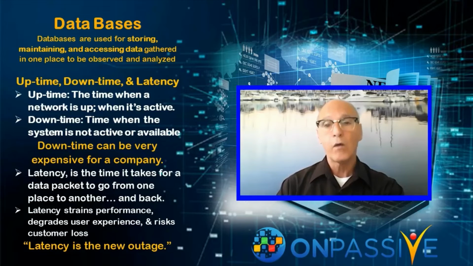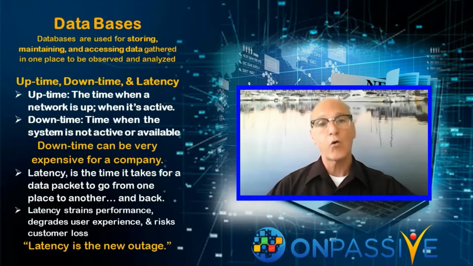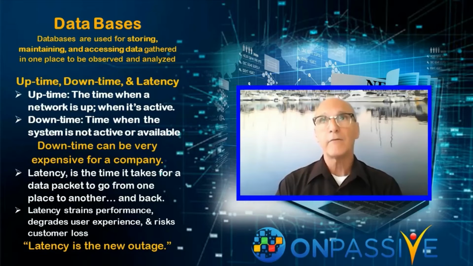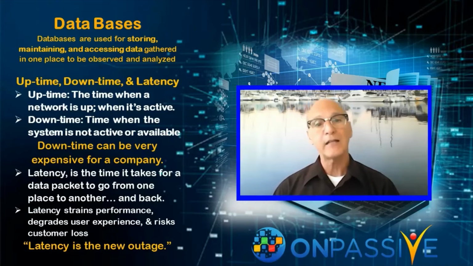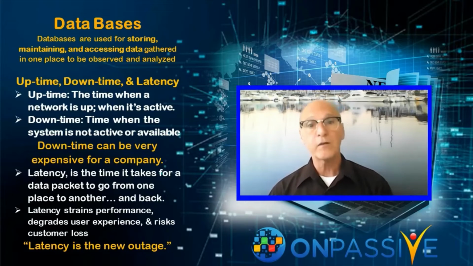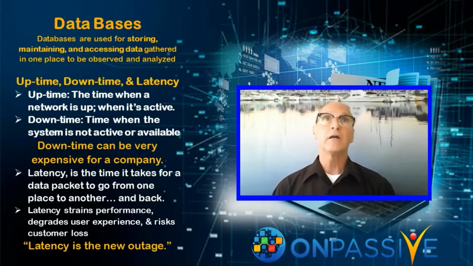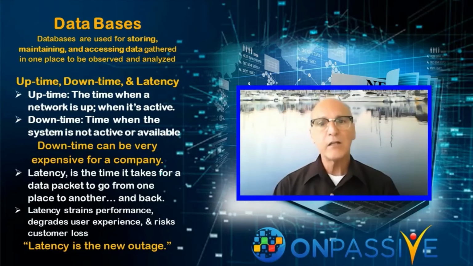There's a whole series of things that can come into play because there's a whole mixture here, and arrangements like this can have a very complex effect on what's going on. The number of components that make up an application can put a strain on performance. It can degrade user experience. It could also risk losing customers. So timing is a huge issue. Latency is a big, big issue.